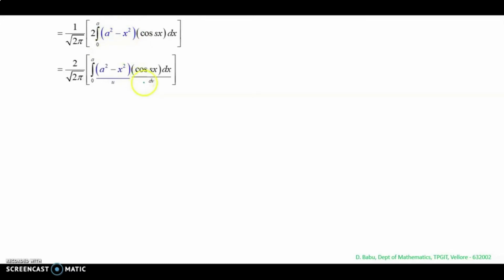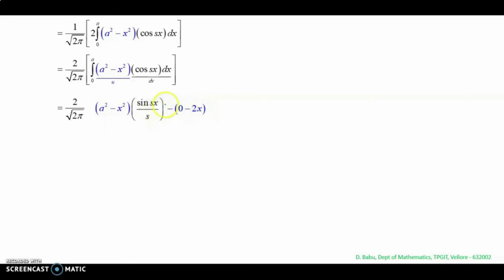So we apply the Bernoulli formula. First step, write u as it is, don't differentiate or integrate, that is a square minus x square. Integrate the second term, cos. Integration of cos is sin sx divided by s, because the coefficient of x is s. Next, alternate sign, minus. Differentiate the first bracketed term, a square minus x square, which gives minus 2x, because the differentiation of a constant is 0 and the differentiation of x square is 2x.